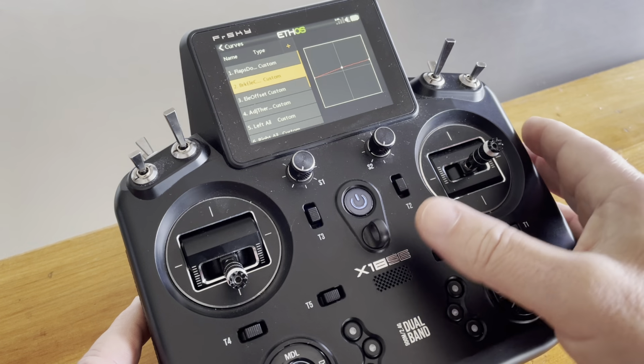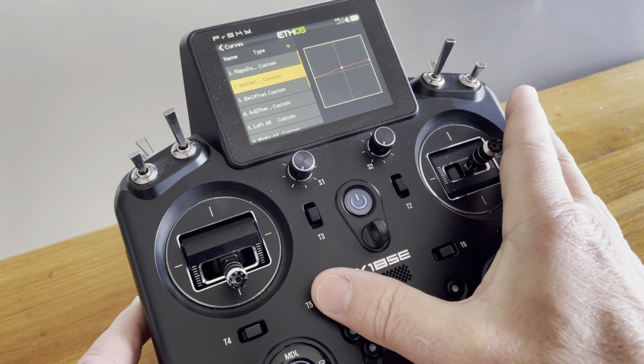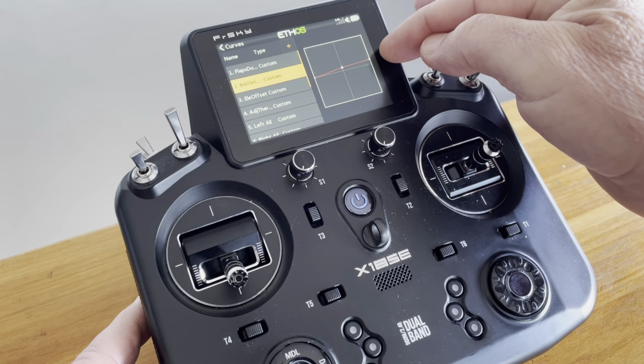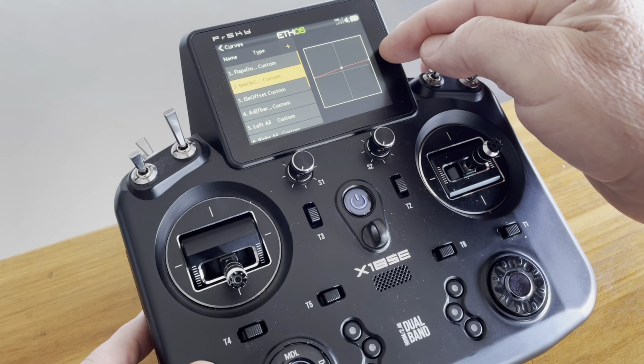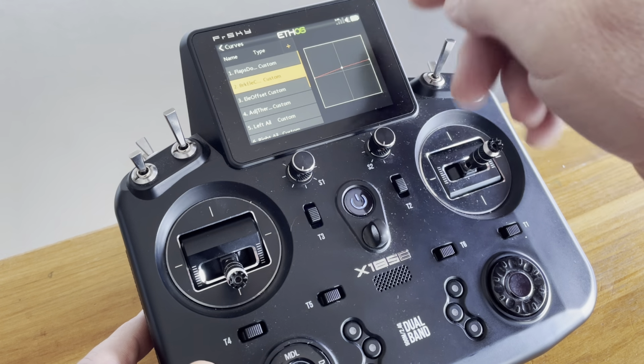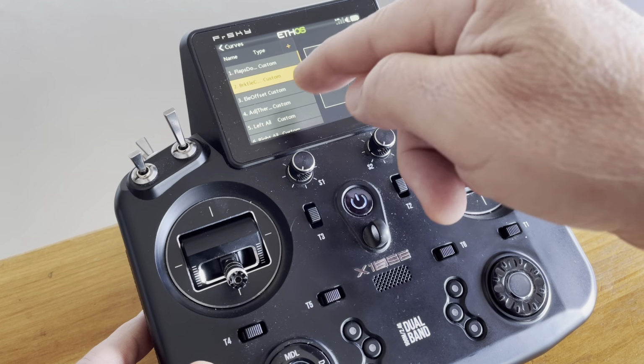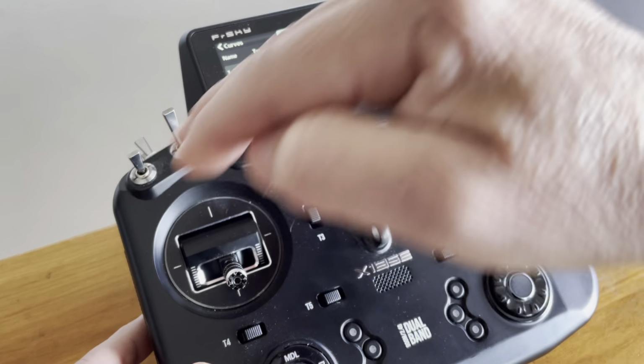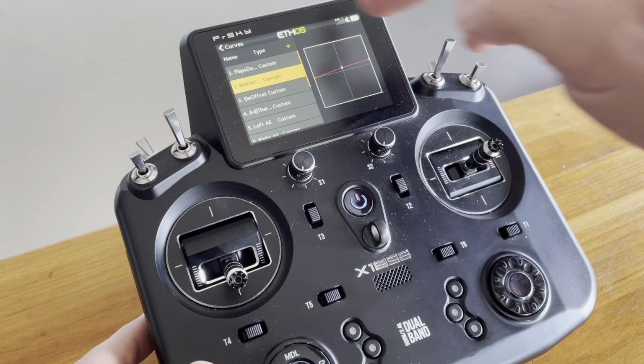As we go up, air brake elevator 16%. Our maximum value with the stick down is 16%, and the midpoint value is 70% of that. So that gives me a kind of slope in the curve.